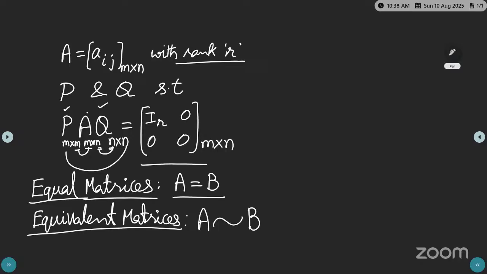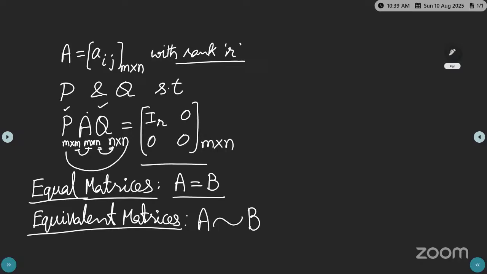Either row transformations or column transformations or both. One can be obtained from the other by a sequence of row transformations or column transformations or both.